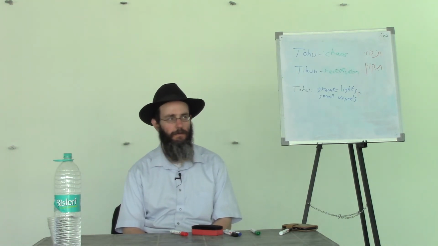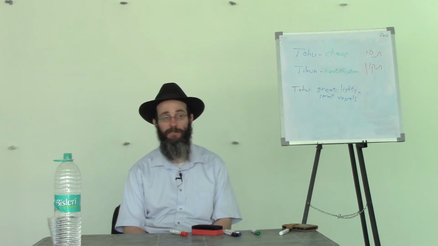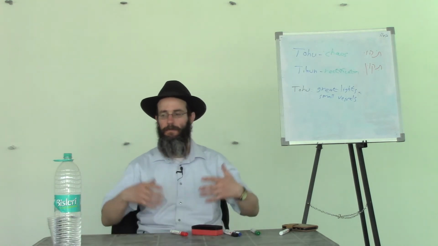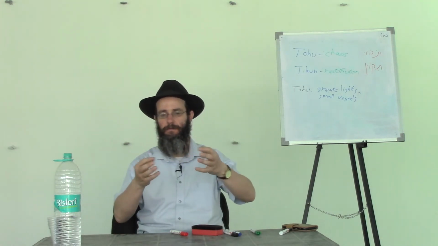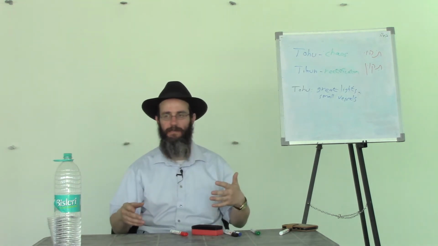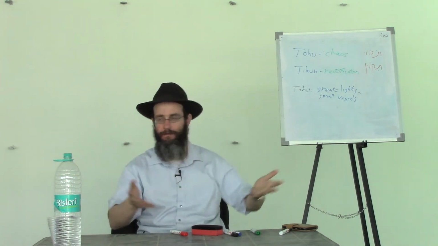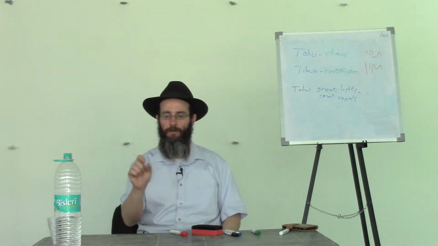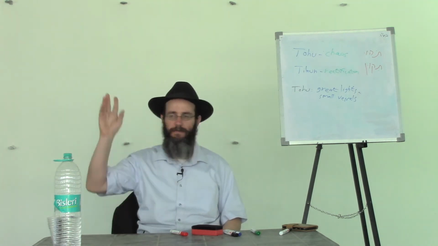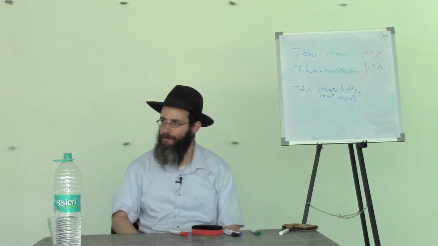And then he creates another world, and what happens before? All the fragments of the vessels, so to speak, fall down into this void, and they're all full of sparks from these great Tohu lights.